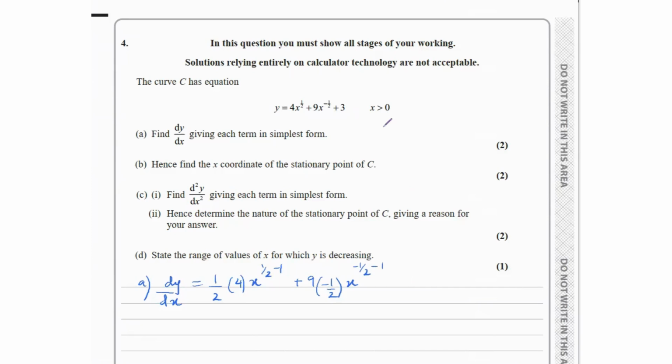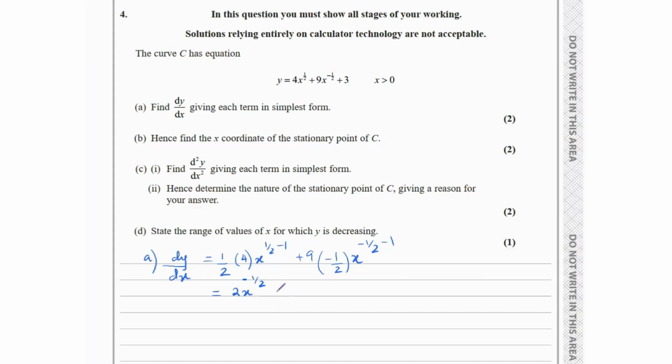And the derivative of a constant is 0. That's going to be 2 times x to the power of negative 1 over 2 minus 9 over 2 times x to the power of negative 3 over 2. That's your derivative.